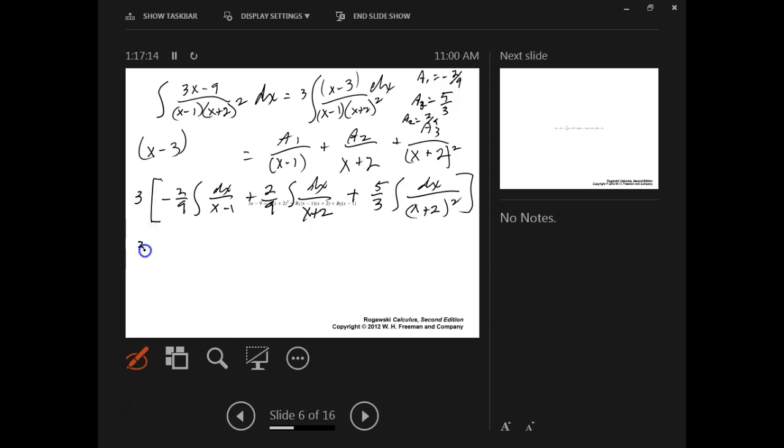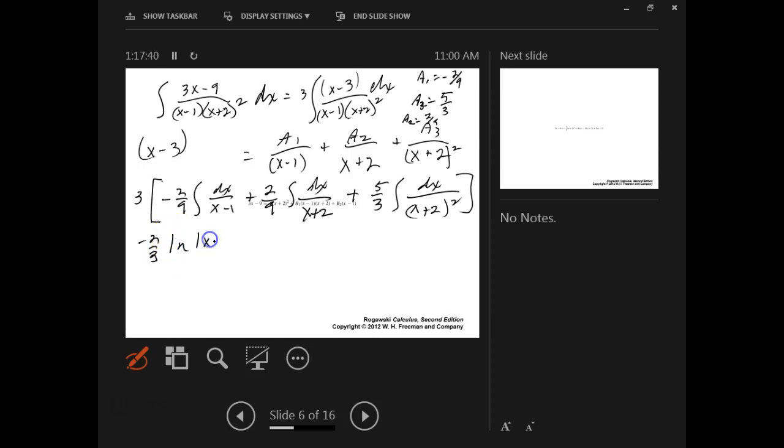So this is 3 times, okay, I'm going to go and multiply through by 3, if that's all right. That would be minus 2/3. What's the integral of dx over x minus 1?